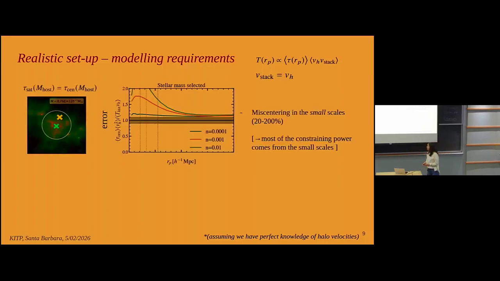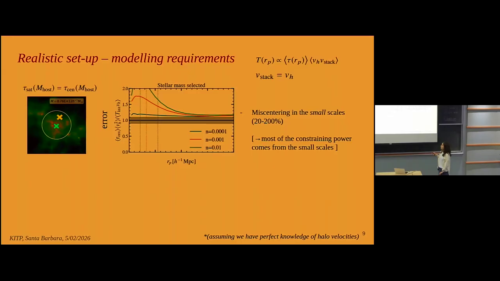So first, we put the satellites in the right host halo masses, so the overall amplitude is fine, but ignore the miscentering, so we think that they are in the center, not distributed around the halo. This is the error that we would get. So 1 is great, and going away from 1 is the error. You see that on small scales, the miscentering can be a huge effect, up to 200% or something.